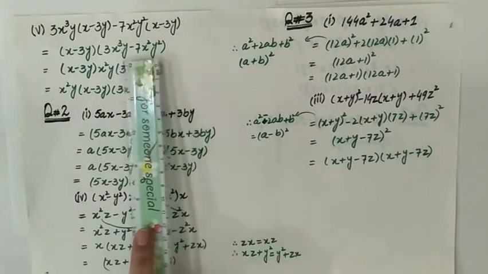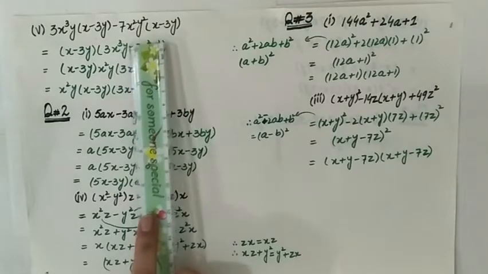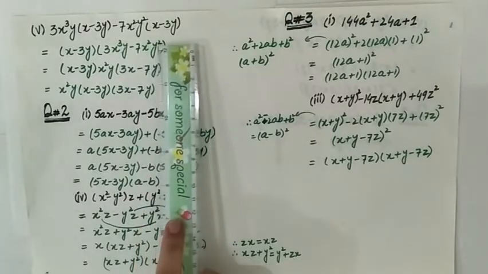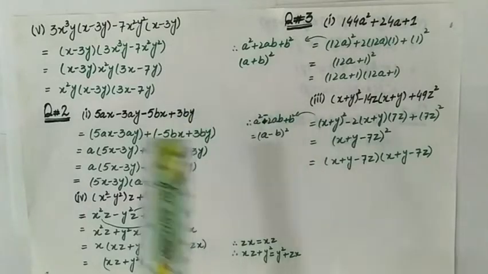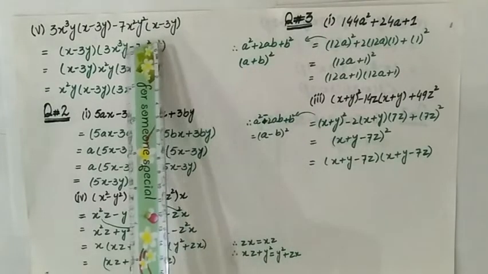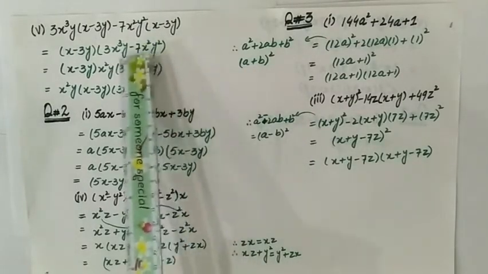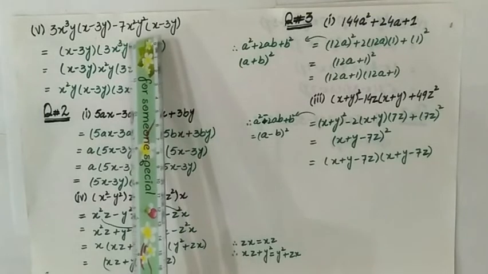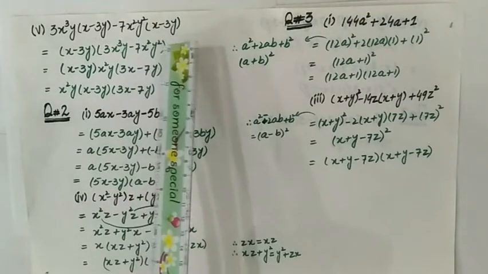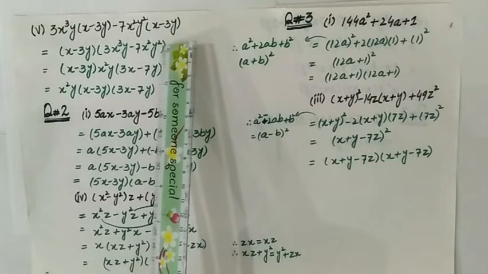Also y is the common variable. Here the power of the variable is 1. Here the power of the variable is 2. In these two, y raised to power 1 is the smaller power as compared to y raised to power 2.